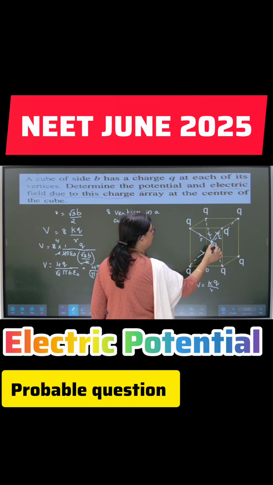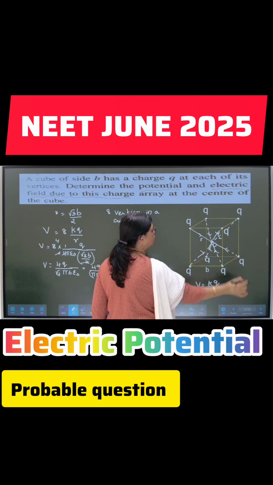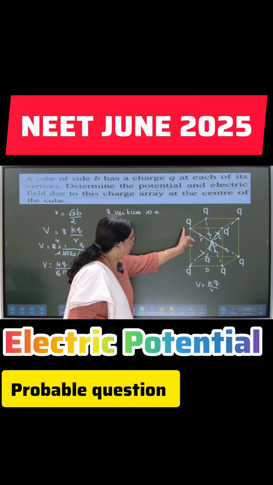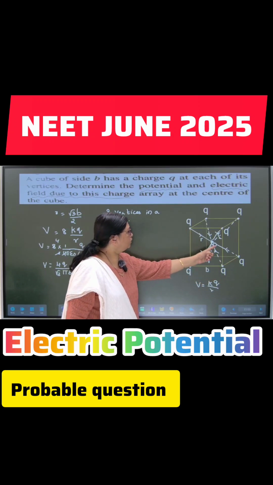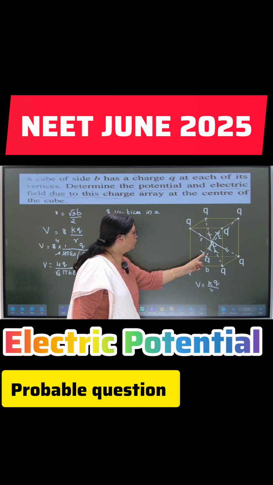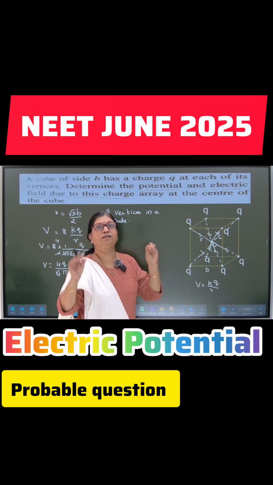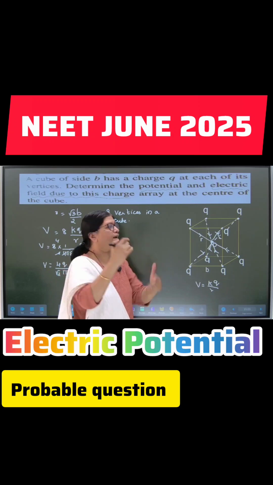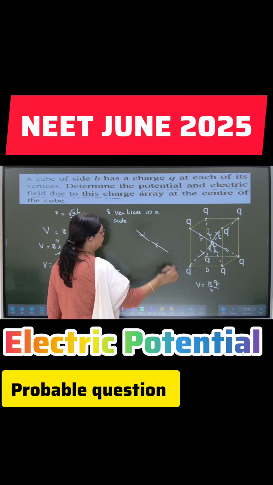This direction of the electric field also will go towards the same point. Now on every line, from this Q to that Q, the directions of electric field on every line are opposite.